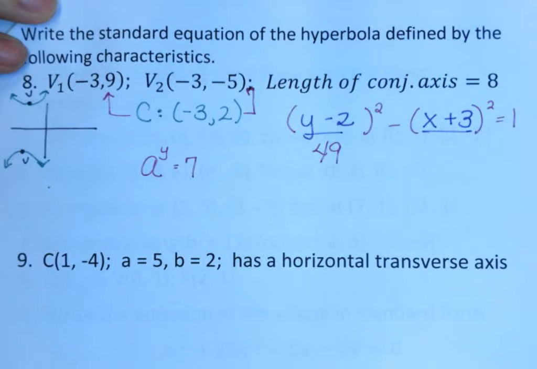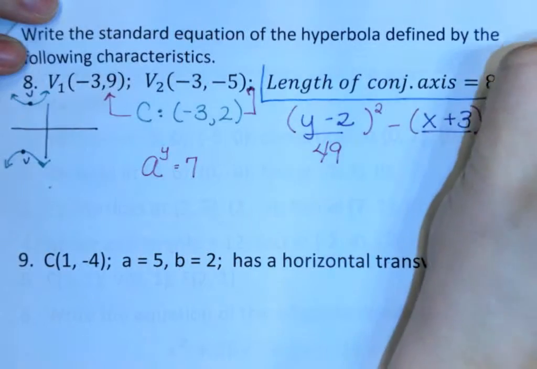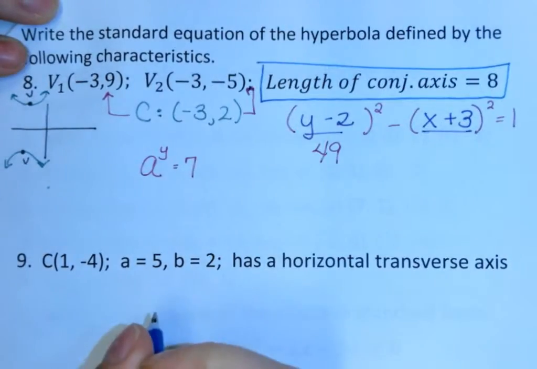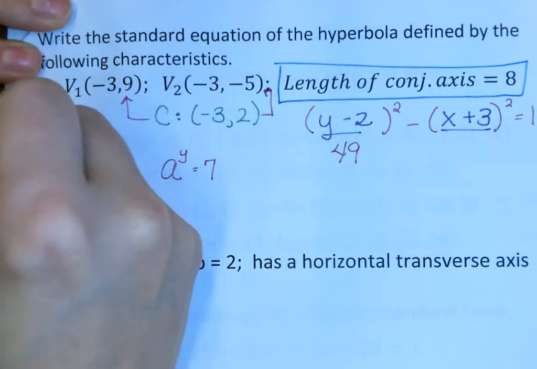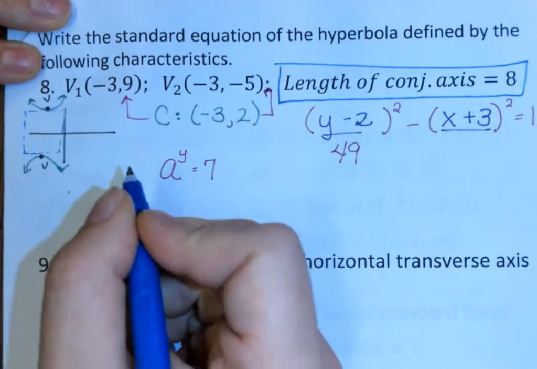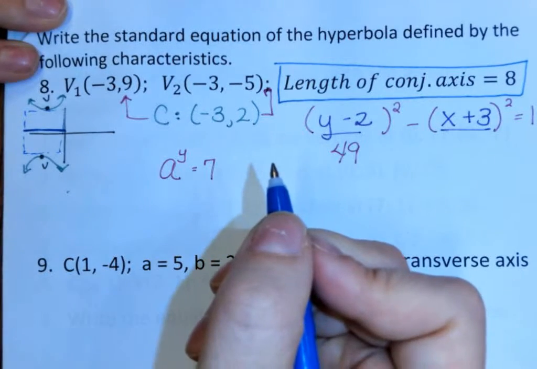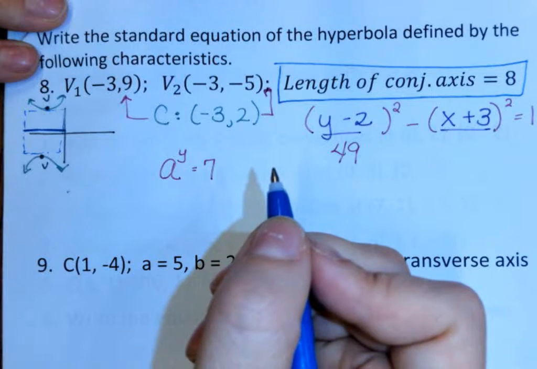Now then they give me this weird little thing. Length of the conjugate axis. The length of the conjugate axis, remember when we're drawing our box to make this happen, the conjugate axis is how far it goes side to side, the non-opening direction.